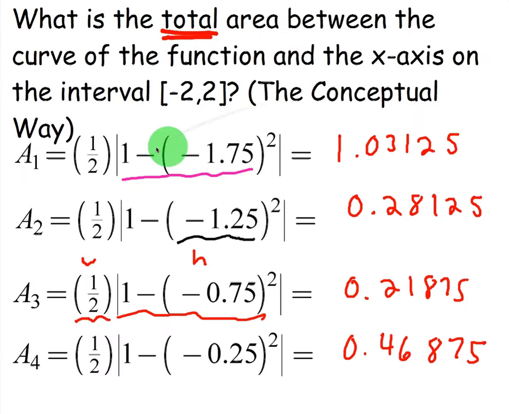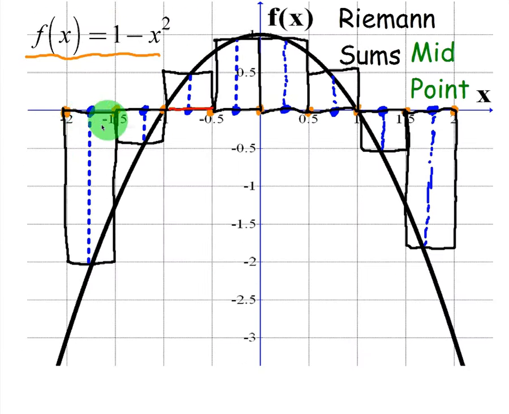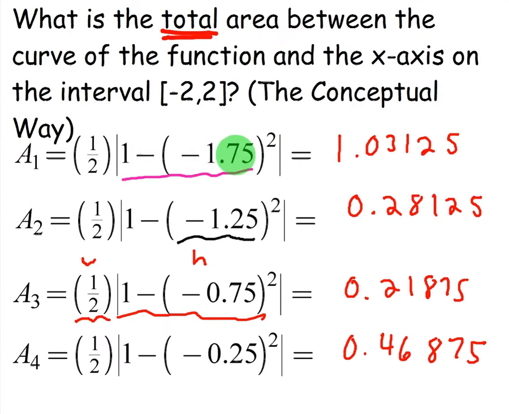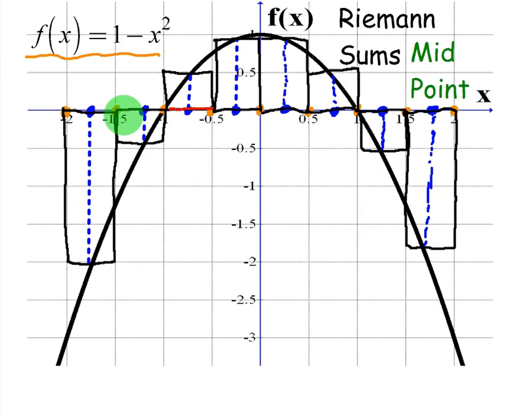So with that in mind, with our first x value, which is negative 1.75, the middle between negative 2 and negative 1.5, we will find the y value by plugging that into our function 1 minus x squared, but we will consider that to have a positive height. So we will take the absolute value of it and then multiply by the width of that rectangle to get 1.03125.